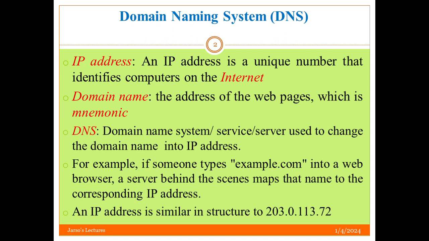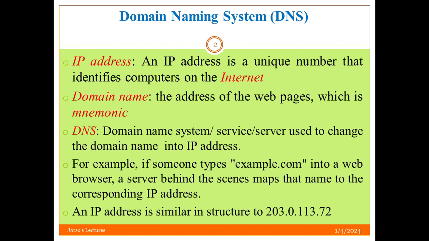So the domain name means the address of a web page, which is mnemonic. Mnemonic means for the purpose of memorizing the IP address. Since there are millions of computers and devices on the internet, it is very difficult for a human being to remember each of the IP addresses.